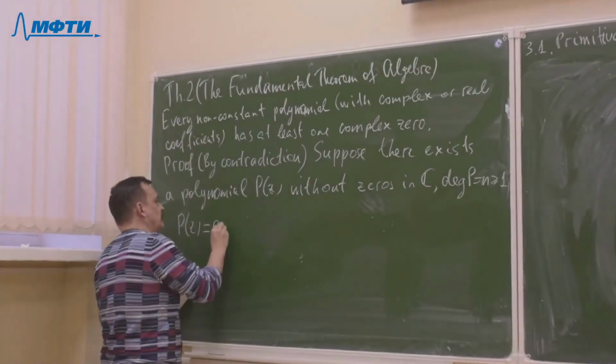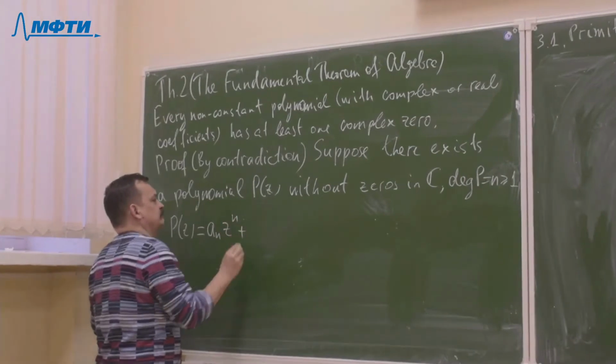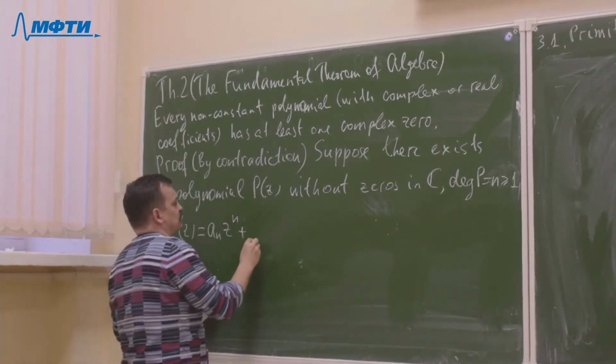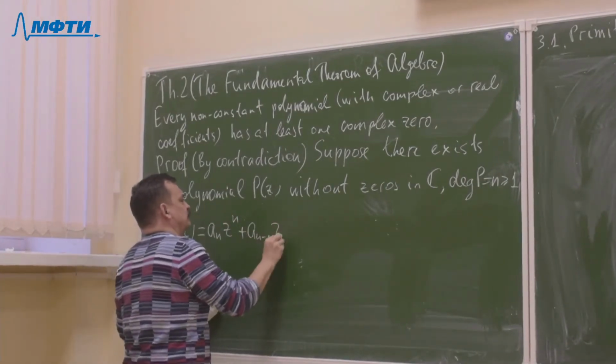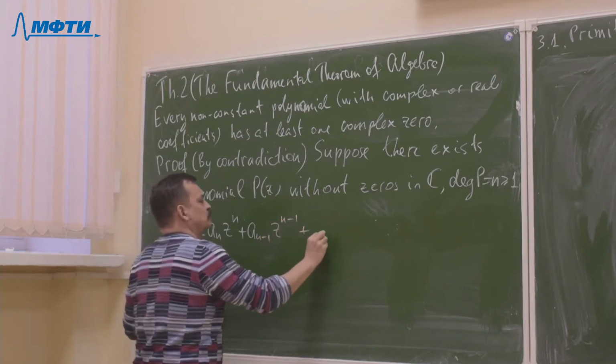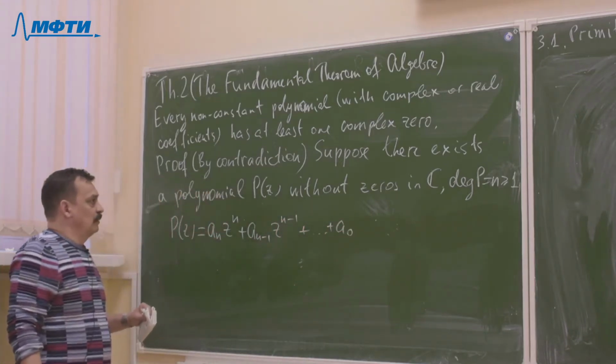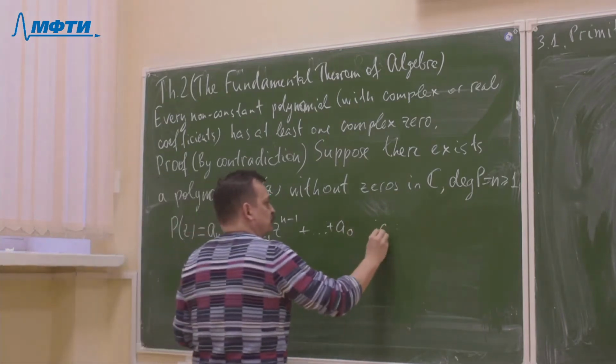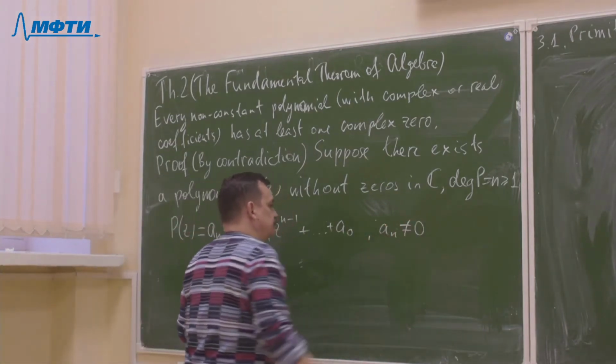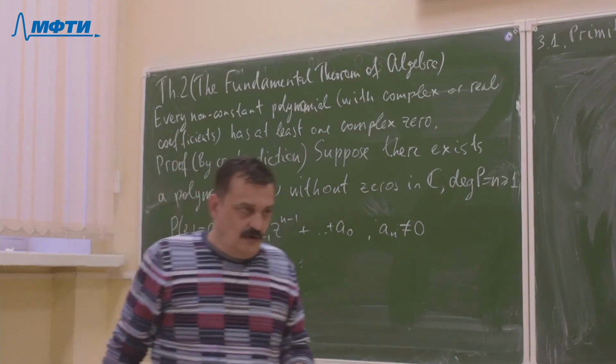So, a_n z to the power n plus a_{n-1} z to the power n minus 1 plus and so on plus a_0, and a_n not equal to 0.